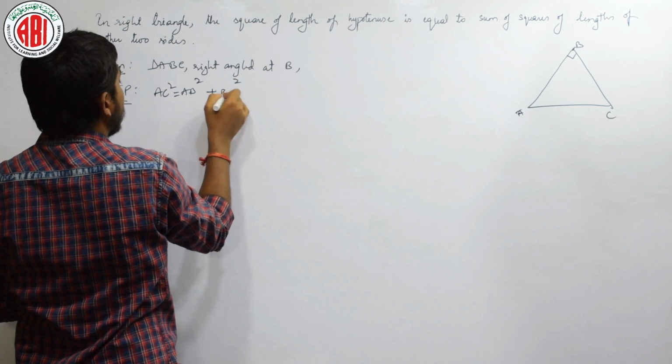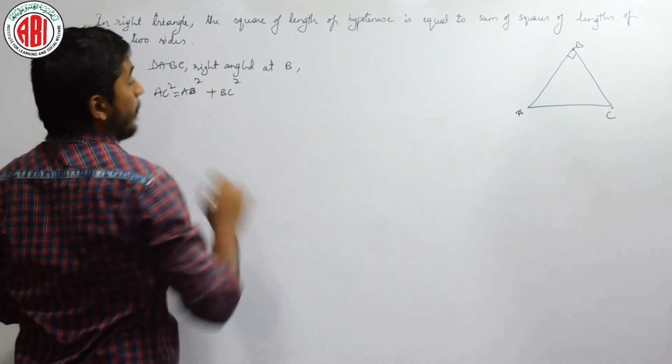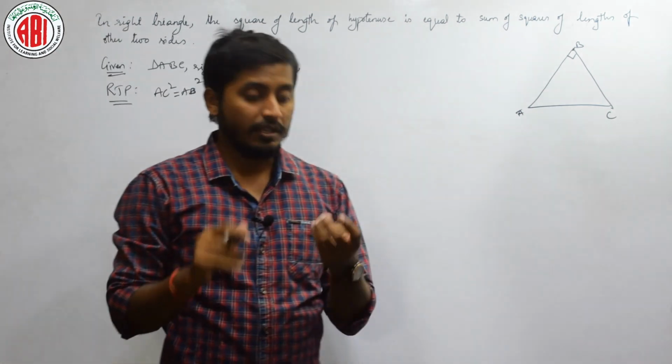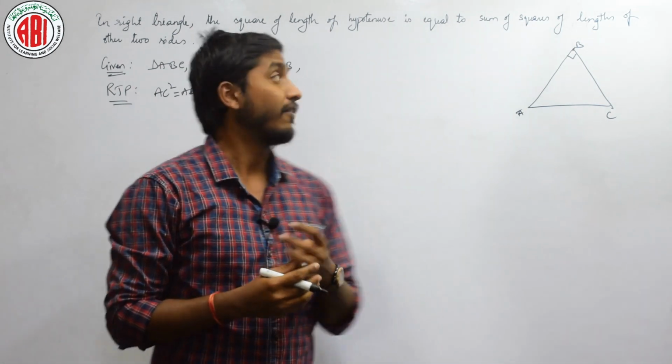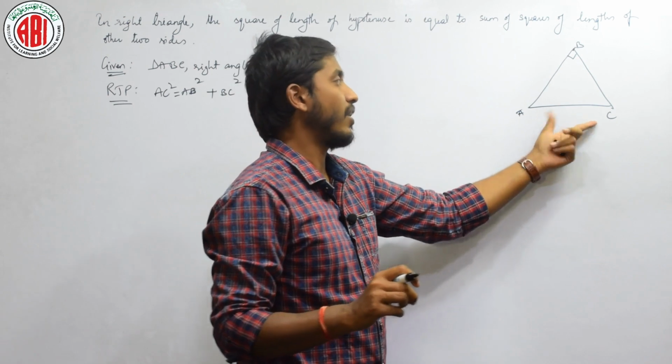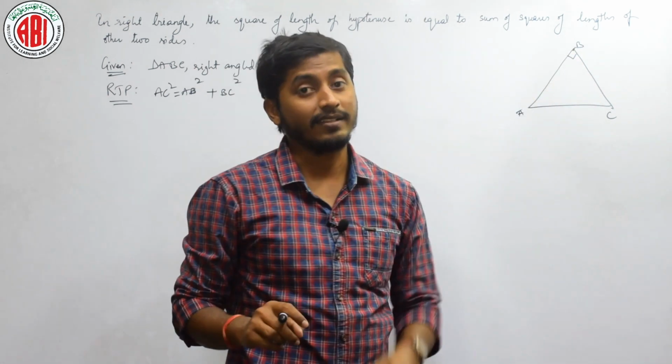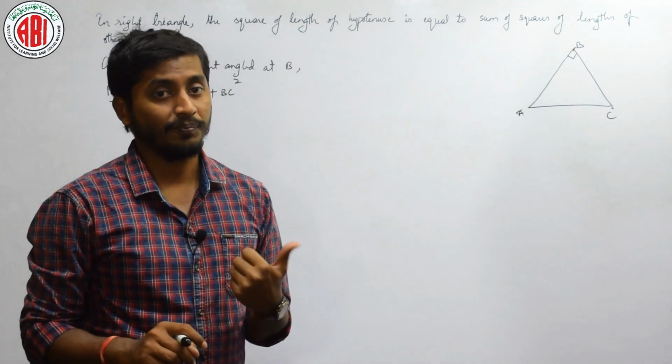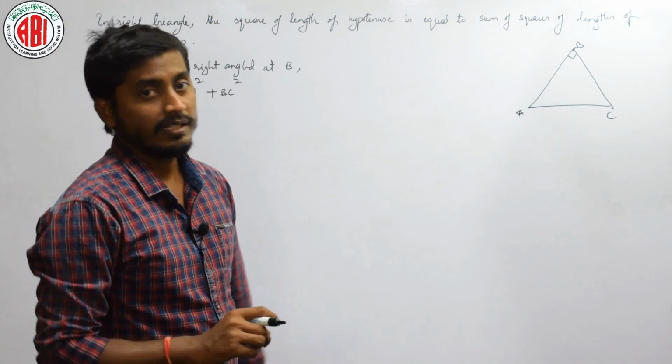Wherever a right angle is seen, the hypotenuse square equals the sum of squares of the other two sides. Do not forget this particular thing.